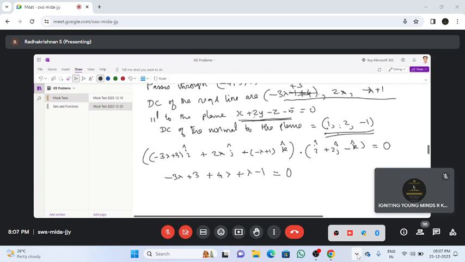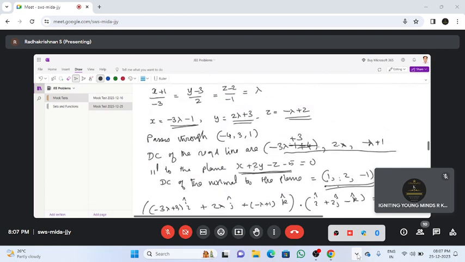So what do you get? 4 lambda plus lambda, 5 lambda minus 3 lambda. So lambda equal to minus 1.